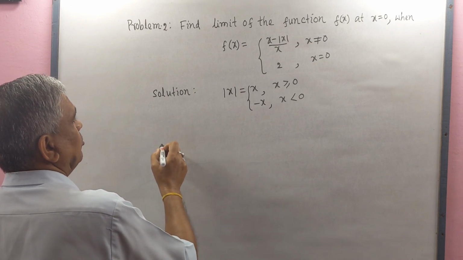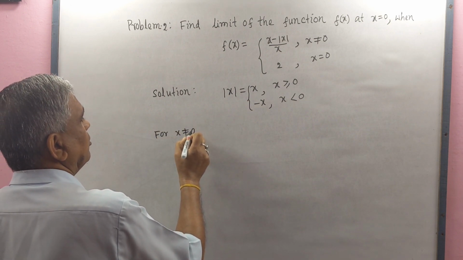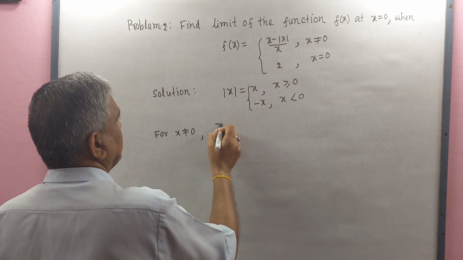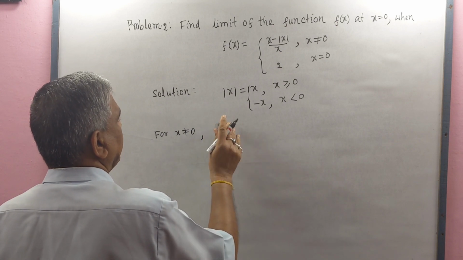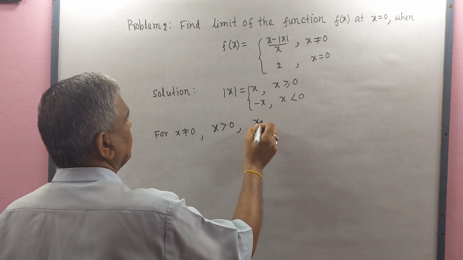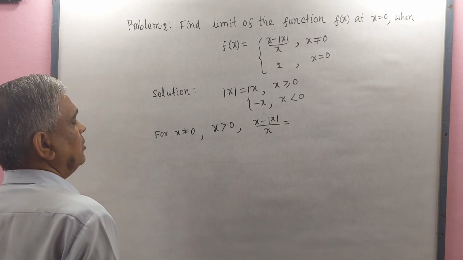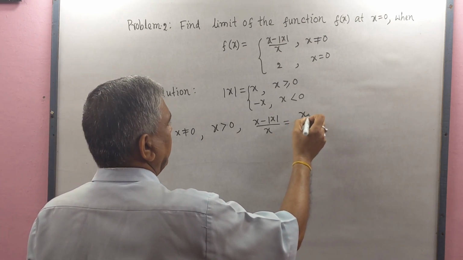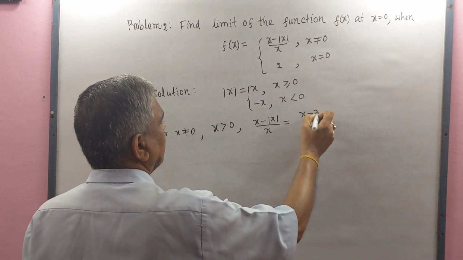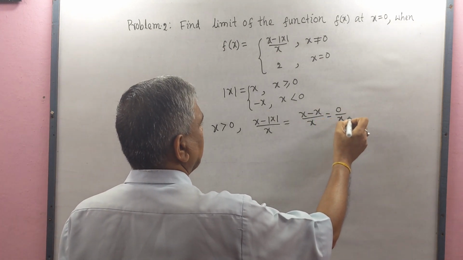Now for x not equal to 0 and x greater than 0, x minus modulus of x by x equals x minus modulus of x, which is x, by x, this is 0 by x equal to 0.